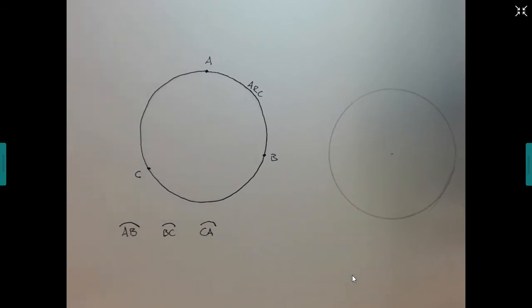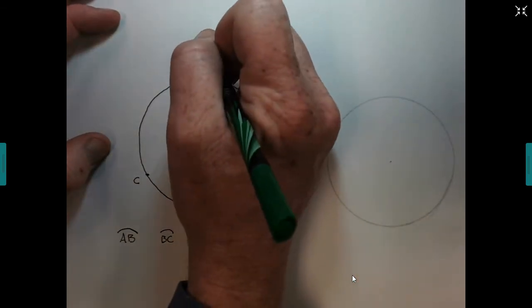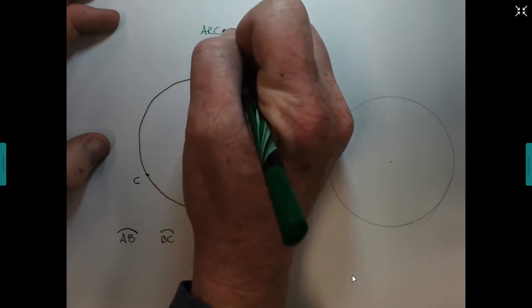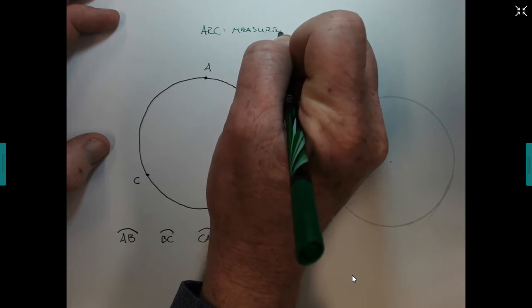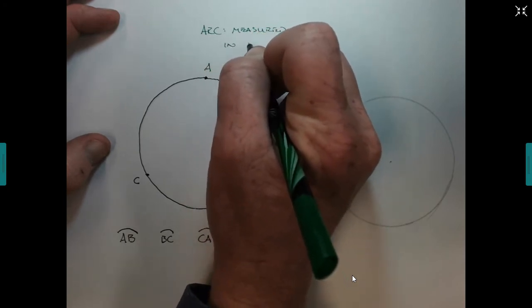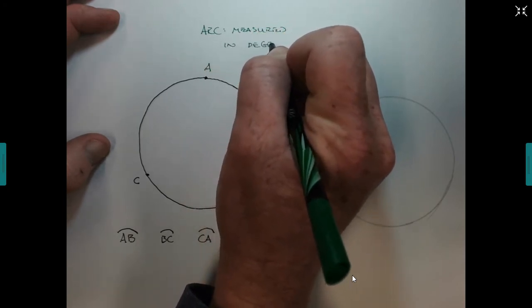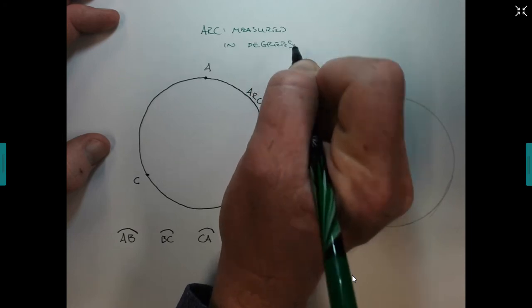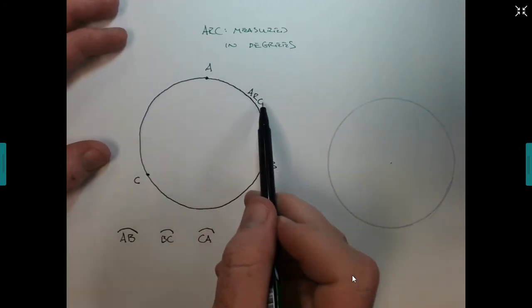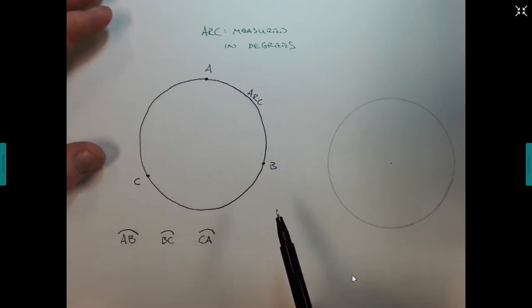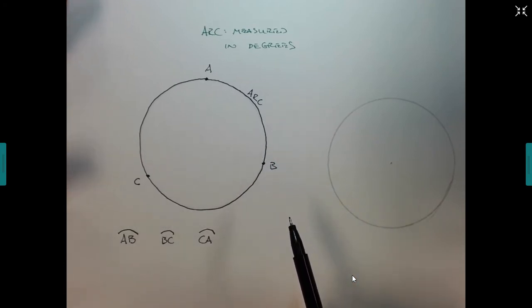Now these arcs are measured in degrees. Very important. You can see that this arc is certainly not half of the circle, it's less than half of the circle.